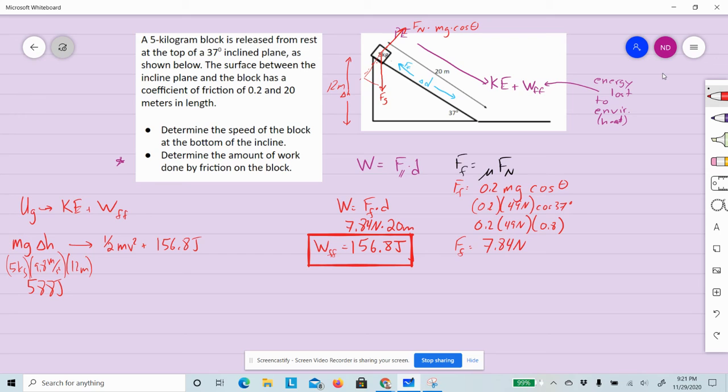So 588 equals 1/2 times 5 kilograms times v squared plus 156.8 joules.